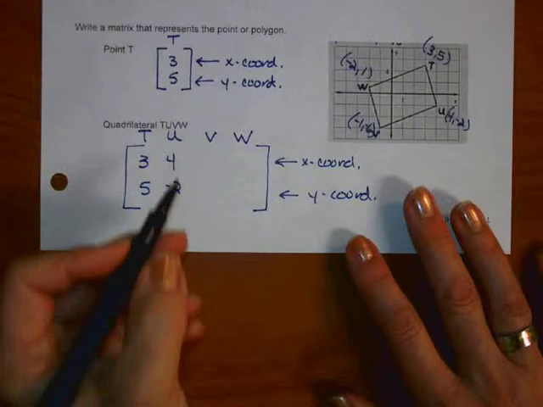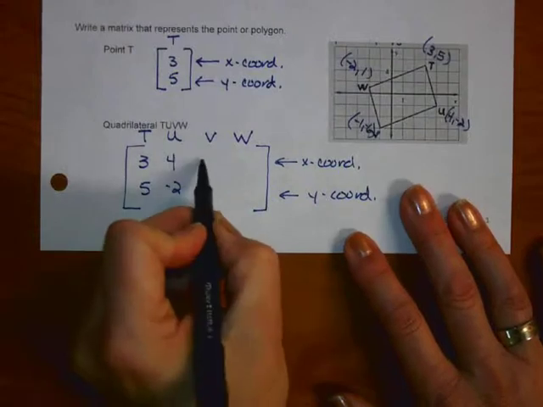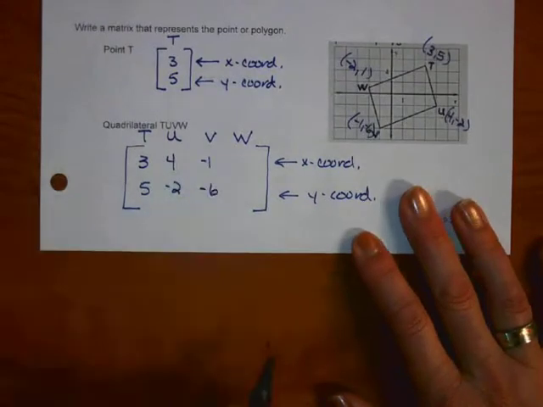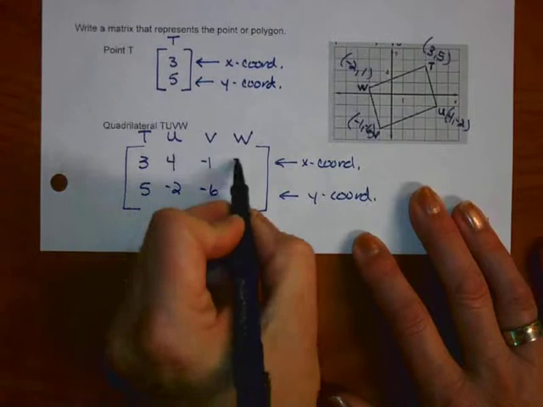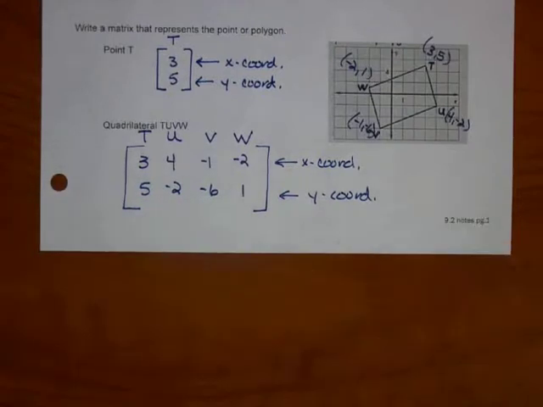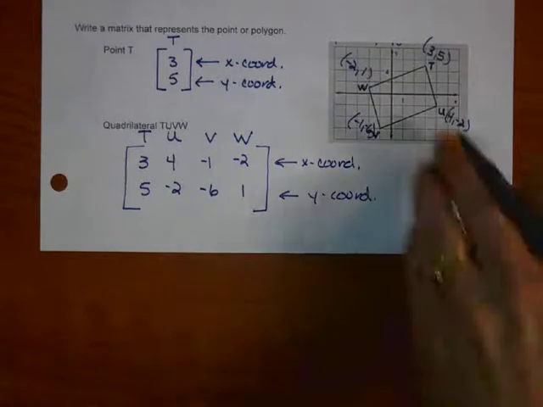Point V is -1, -6. And W is -2, 1. Yes? Now, we set that polygon up. So in order to use this for a translation, we can add and subtract matrices together, which would cause a translation. That's what we're going to do on the backside, okay?